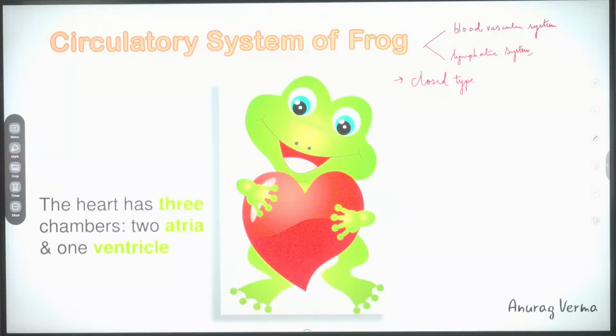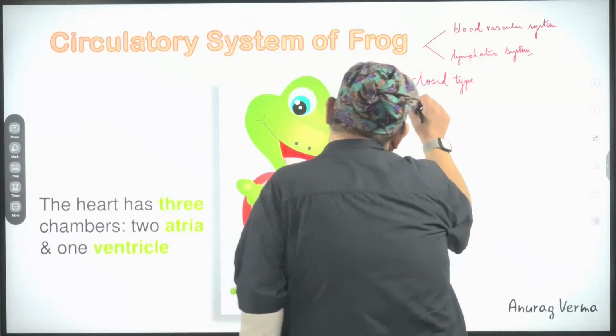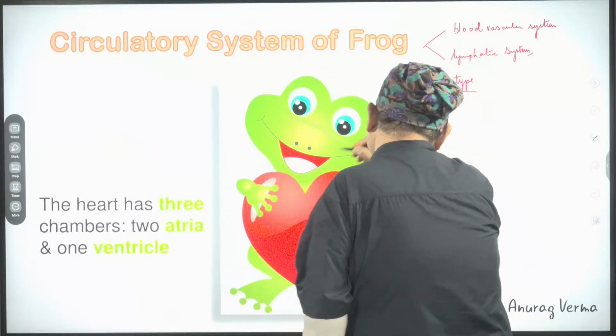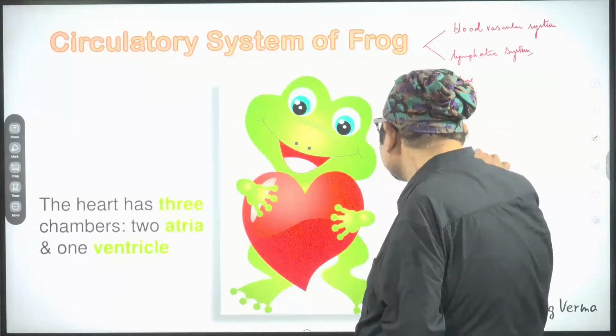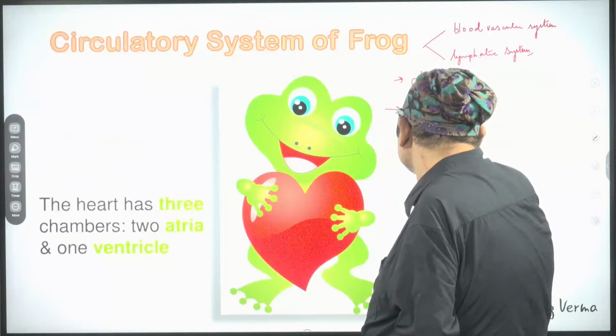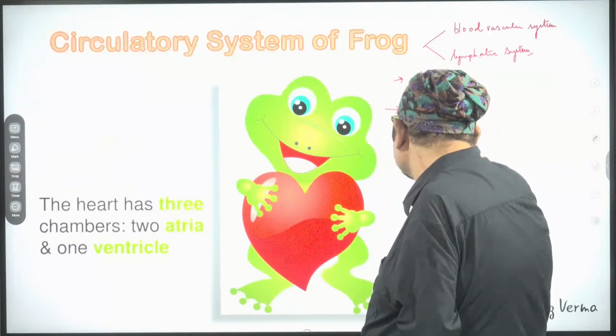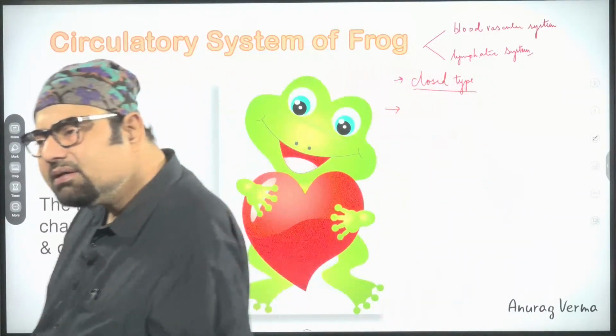Hemocoel, blood without respiratory pigment. Wow. Pavitra, I'm impressed by your knowledge about this. So it is closed type. Okay, children? Then, as Pavitra said, the body cavity is filled with blood and the main body cavity is known as hemocoel. Where did that come from?